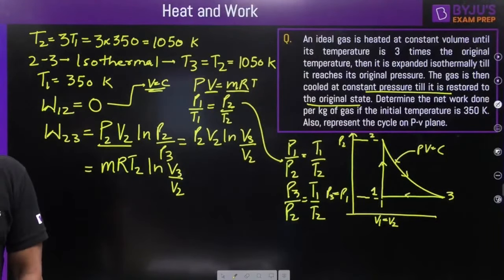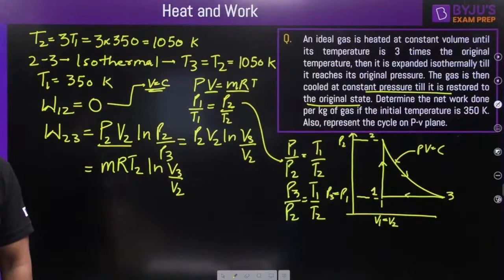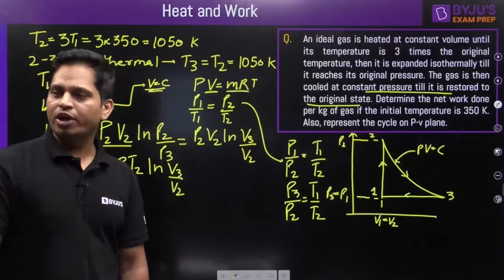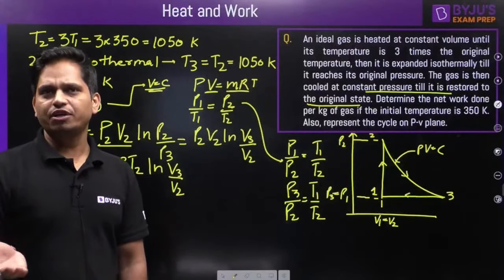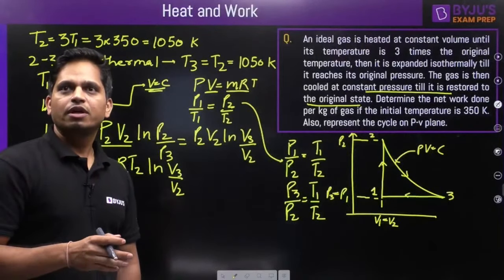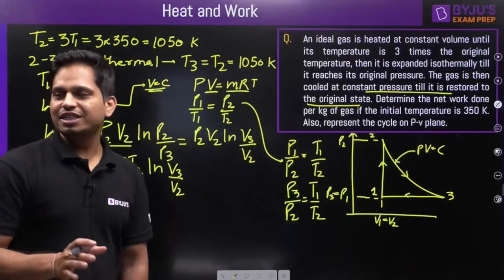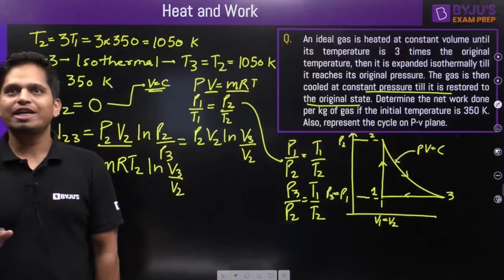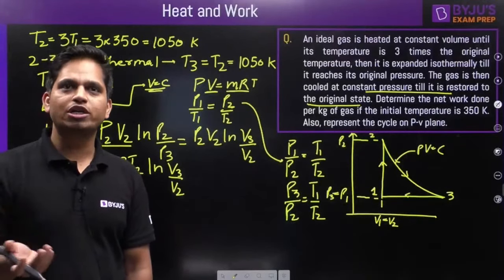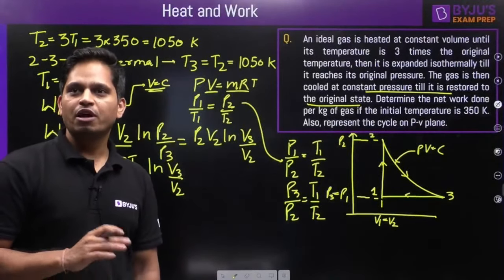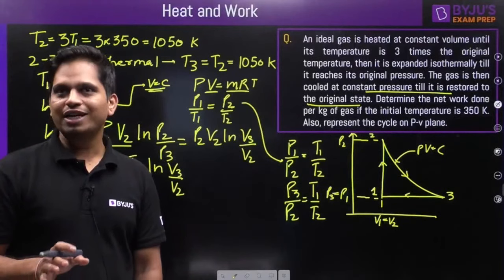You don't have R. R is for air, right? I mean, you can assume that. Okay, it's 0.287. You can take that. When ideal gas is given, you can assume it for air, 0.287. You can take 0.287 and solve it. Was that the only issue or anything else?